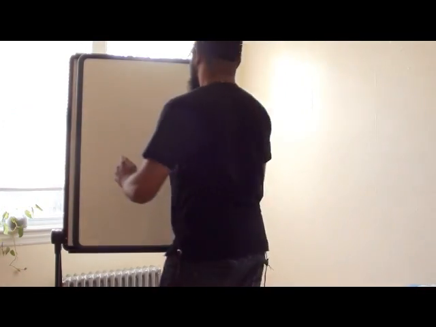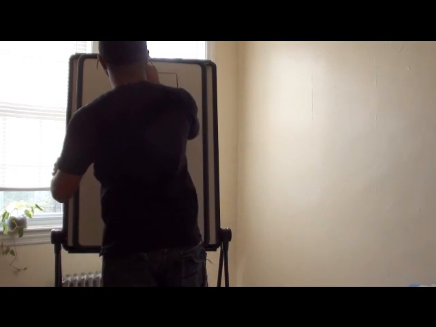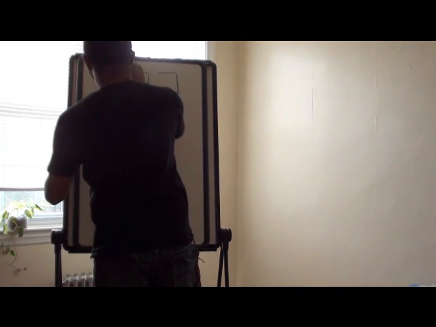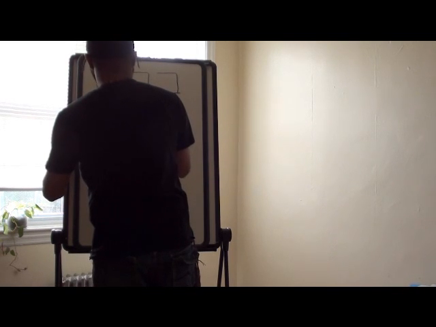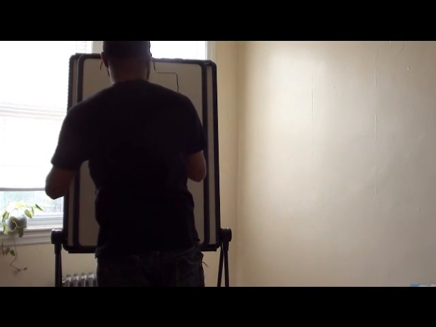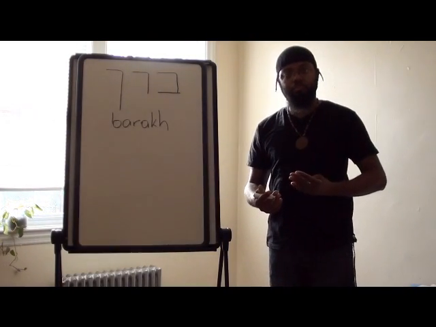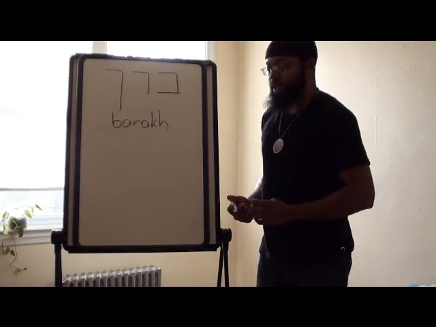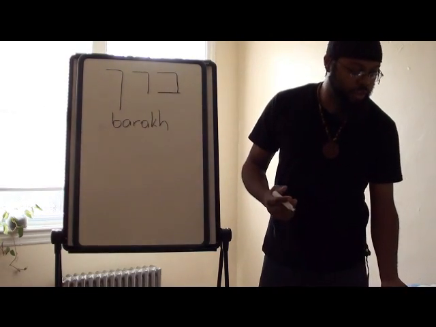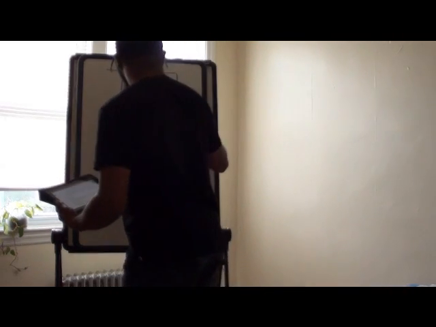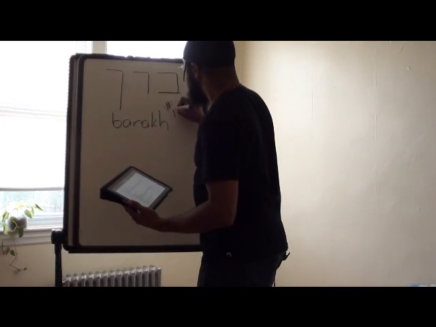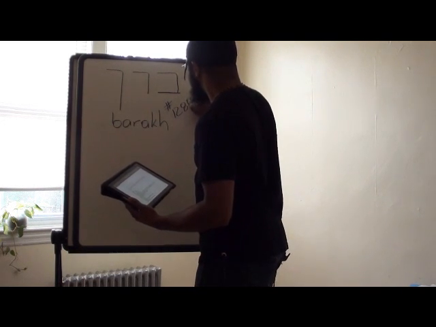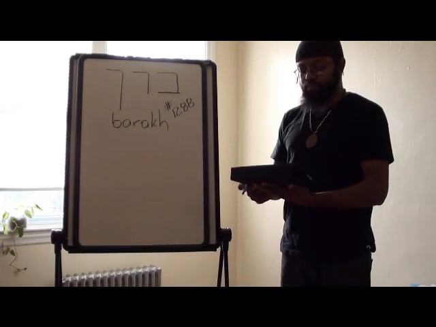Now the word translated as blessed, this term is barak. Barak. Okay? And when you look at the way that it's formed, you find it in Strong's number. I can write the number here for you. 1288. You're going to do the research on it.